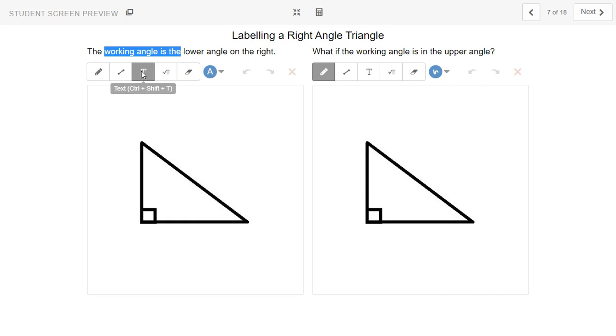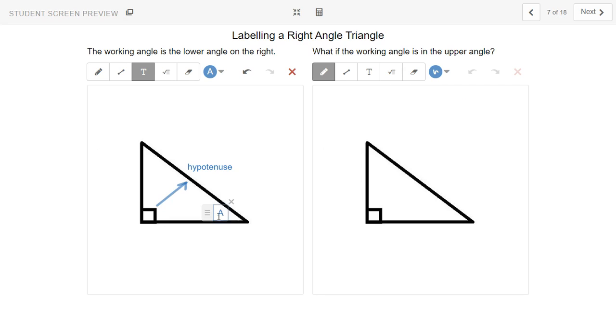The working angle, like the name suggests, is what we're working with. So I have A as the working angle, the lower angle on the right. We know that the side across from the 90 degrees is our hypotenuse, and we had this from before.